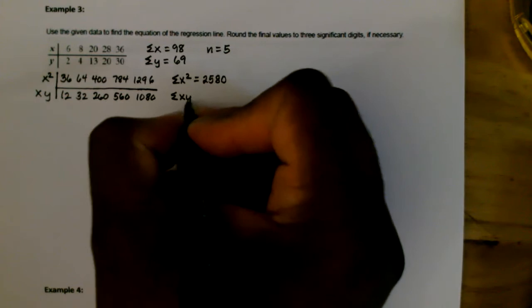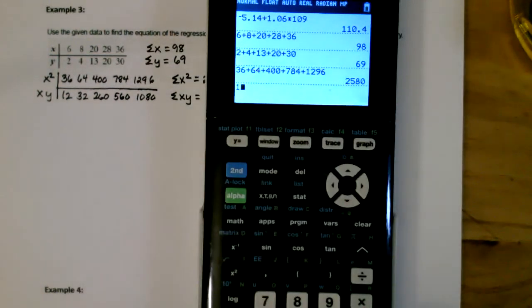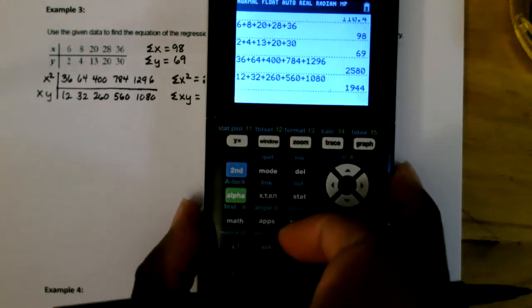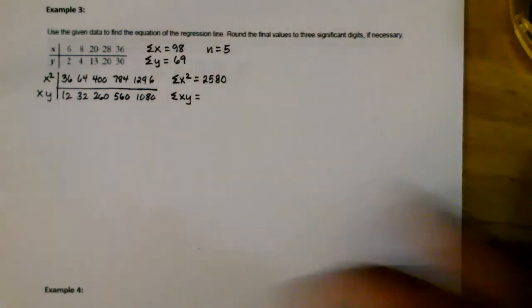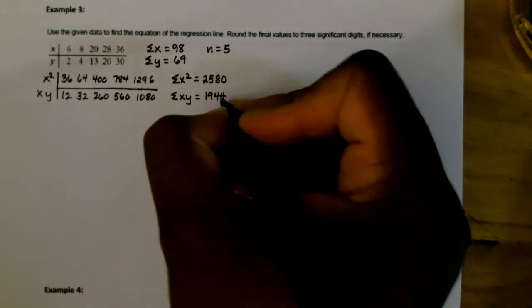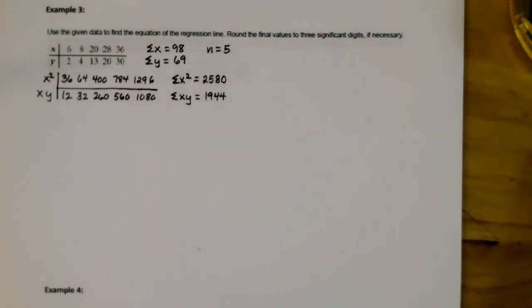And then 36 times 30, that's 1,080. So now the sum of the x times y, we add 12, 32, 260, 560, and 1,080. That'd be 1,944. So the sum of the x times y's will be 1,944.